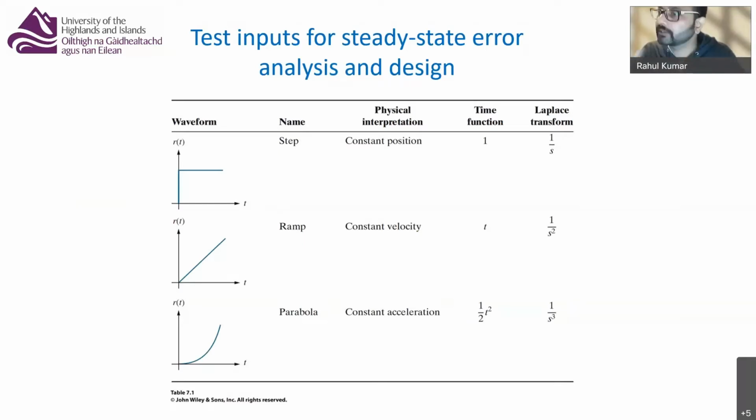If any of the poles move to the right hand side of the S-plane, they become unstable. And if the poles lie on the imaginary axis, your system will be marginally stable. So we have discussed the stability of our system.